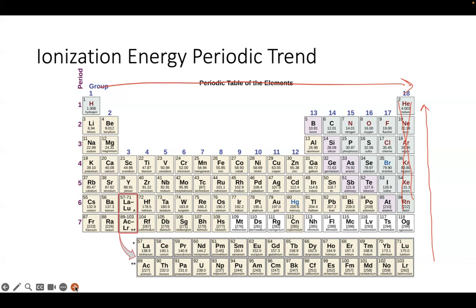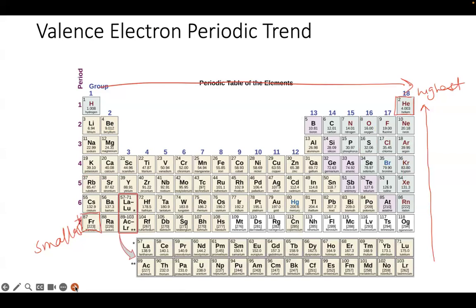Sorry, it does not exclude the noble gases. That's a different trend. All right, so the element with the highest ionization energy here is helium, and francium then has the smallest ionization energy. So again, if you were given a list of elements, you could rank them.